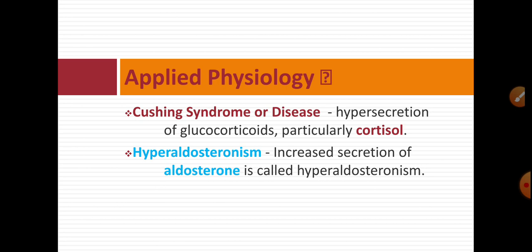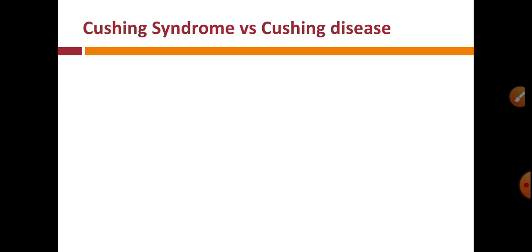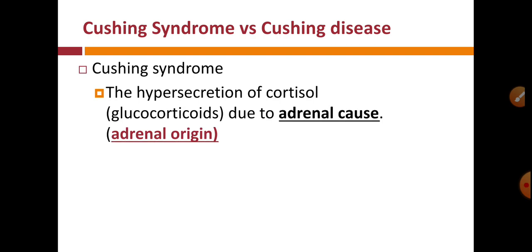Then the next topic is applied physiology of adrenal cortex. The first terminology is Cushing syndrome and Cushing disease. These are two different things. What is the difference between them?